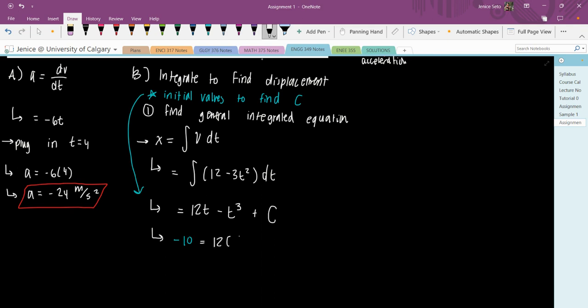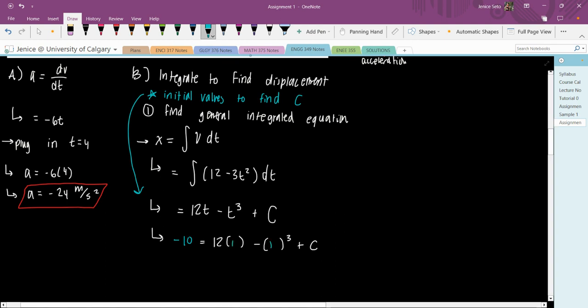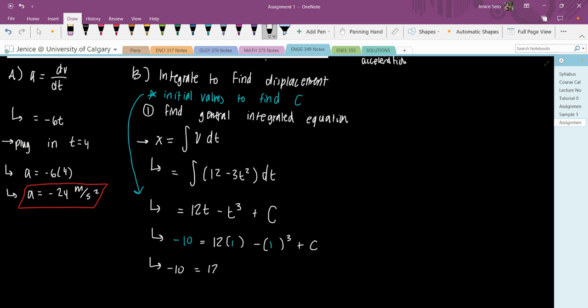Then it's going to give us 12t minus t cubed plus c, and our value for t is 1. So now that we have those initial statements plugged in, this is 12 minus 1 plus c. And we move that over.